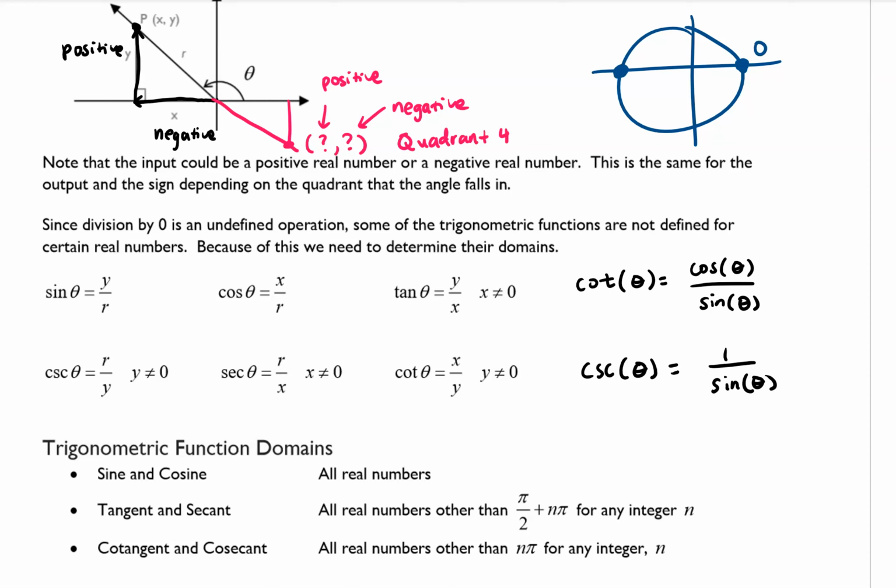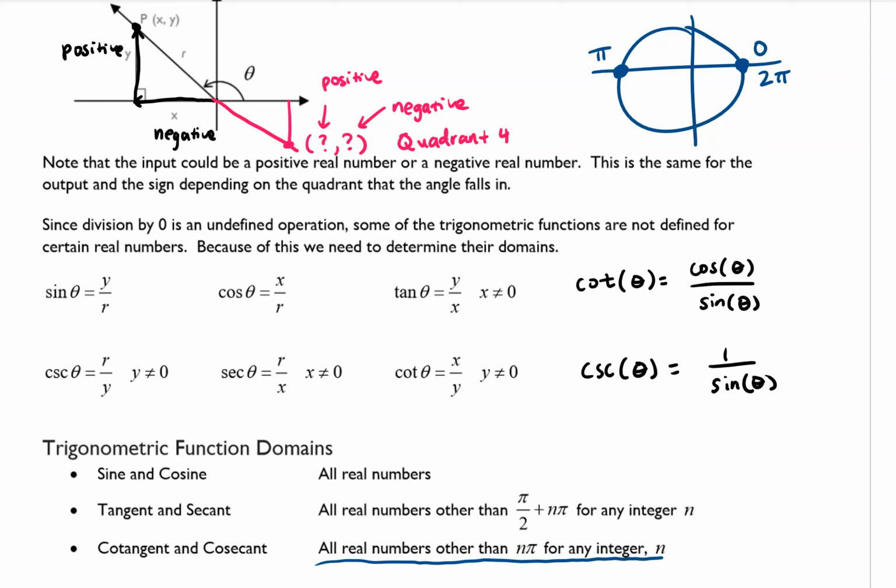And so this angle is 0. This angle is pi, and then if I wrap around and go back, this will be 2 pi, and then if I wrap again, then this will be 3 pi, and so on and so forth. So for cotangent and cosecant, our domain is all real numbers other than n pi for any integer n.